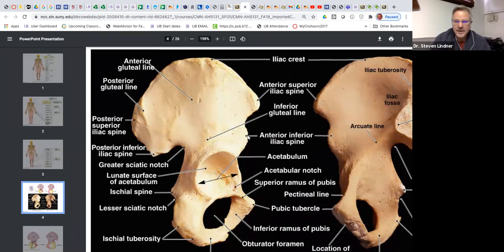Your rectus femoris is one of your 4 quadricep muscles. Of the 4, 3 of them have the name vastus in it. So there's a vastus lateralis, a vastus medialis, a vastus intermedius, and the 4th is the rectus femoris.